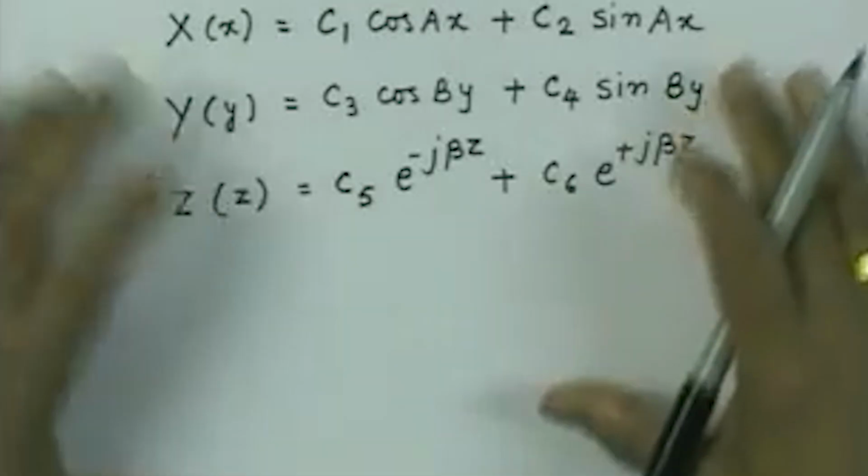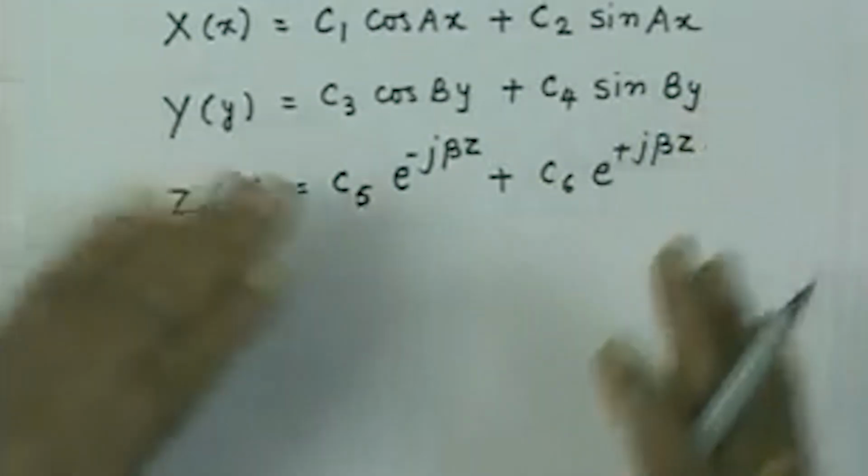So, while writing these solutions, first we use our understanding which you have developed with the parallel plane waveguide, that is in the transverse direction between the two conducting boundaries, we must have a standing wave kind of solution, and along the length of the pipe in which the energy is going to propagate, we have a travelling wave kind of solution.